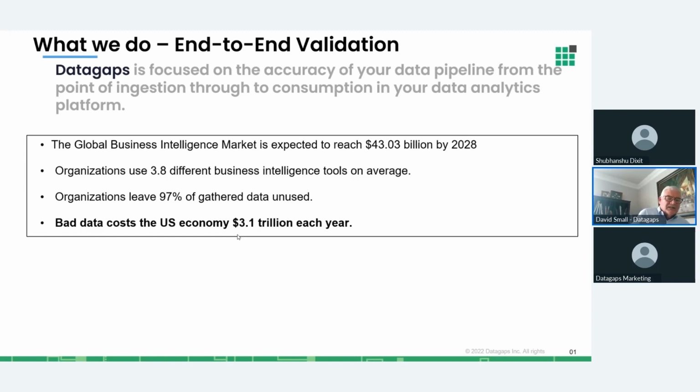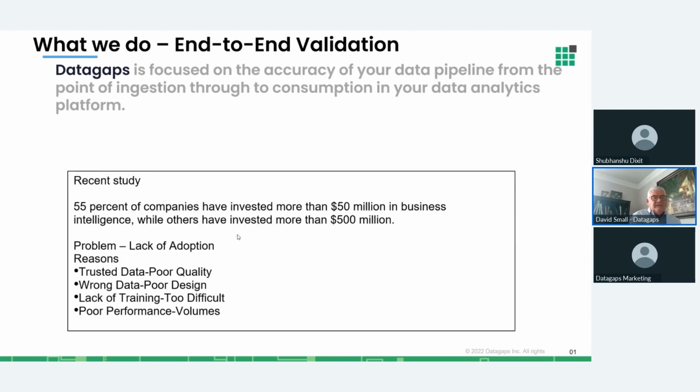In the US alone, bad data costs the economy $3.1 trillion each year. In terms of the adoption and how much companies spend on data analytics, some studies say that 55% of the companies invest more than $50 million in business intelligence. Others have invested more than $500 million.